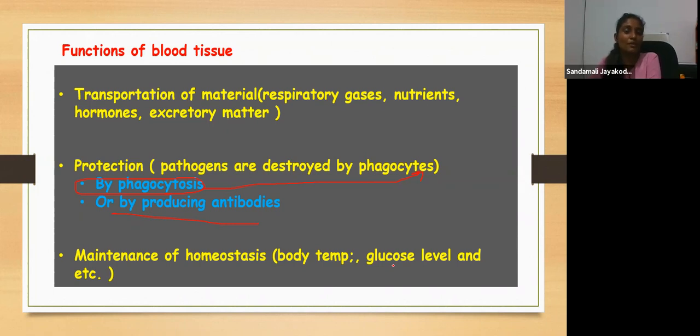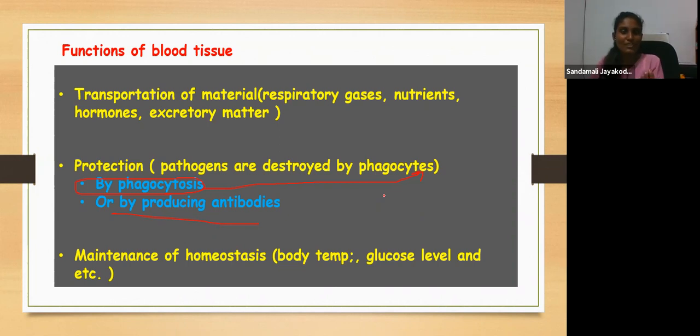When the body temperature is high, our blood tissue tries to control our body temperature. As an example, when we are having a bath, we feel there are some differences in our fingers.